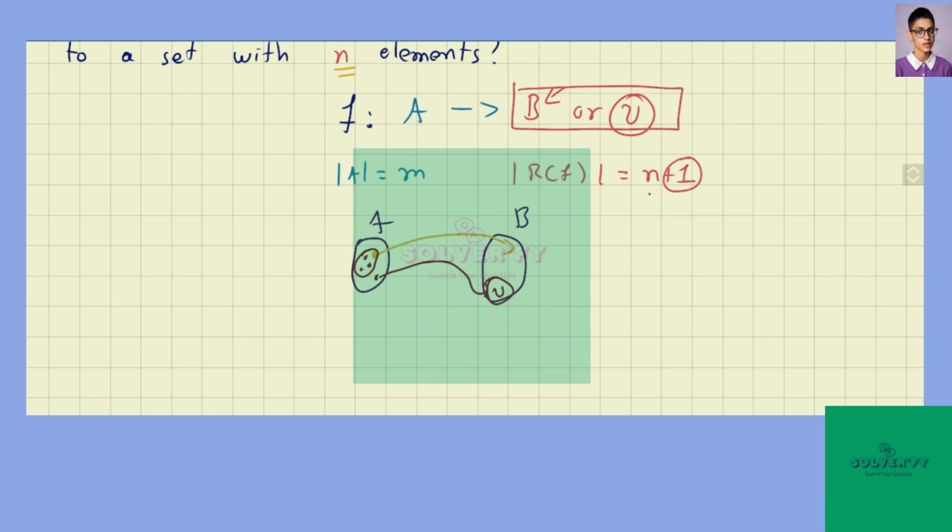This plus one is due to that undefined value that your function can take, and the rest is just following the same statement as I said before, that is going to be n plus 1 to the m power.